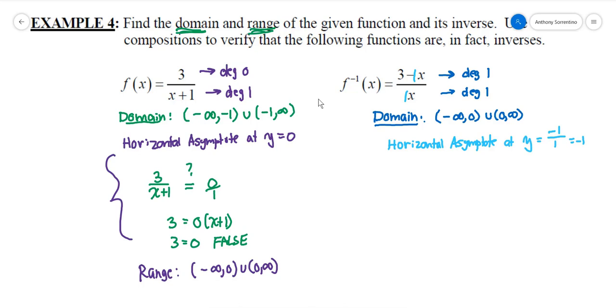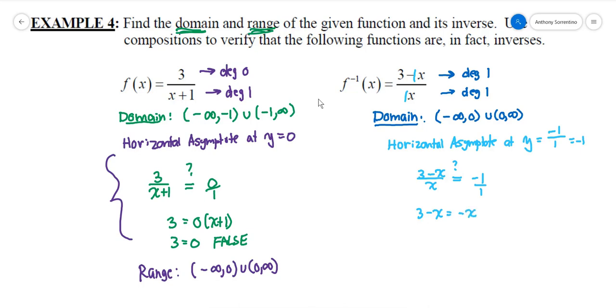Doesn't mean it's a range restriction. So the thing I have to ask myself is, well, can 3 minus x over x equal negative 1? Let's find out. Assuming that it works, I cross multiply, I would get 3 minus x equaling negative x.